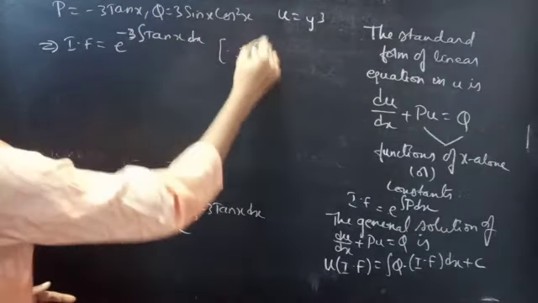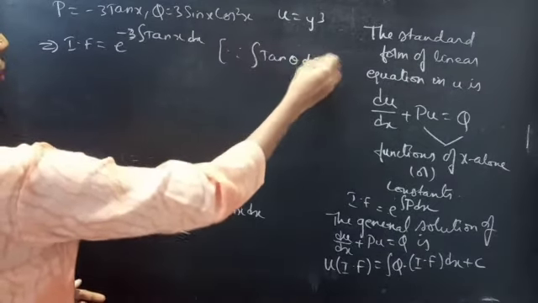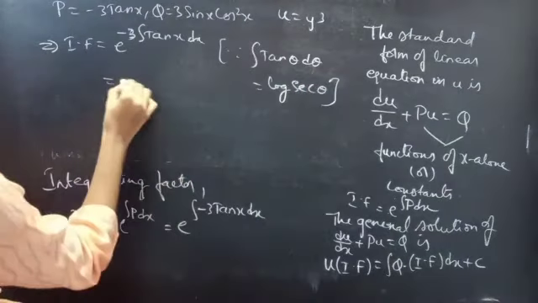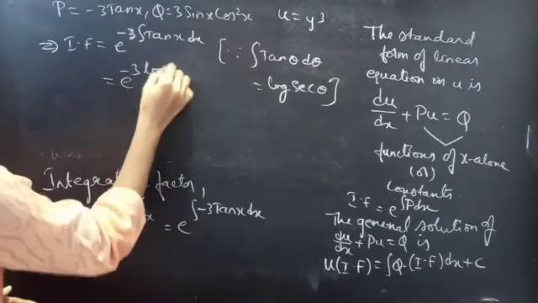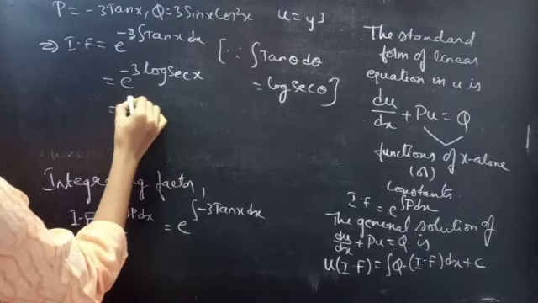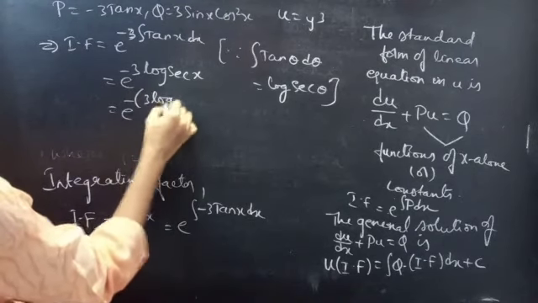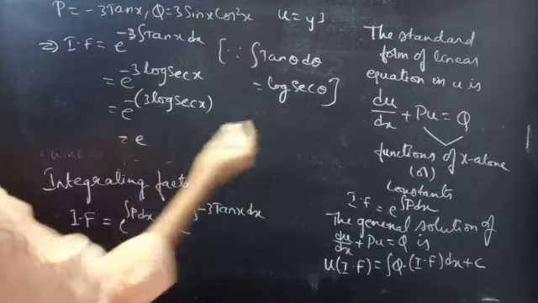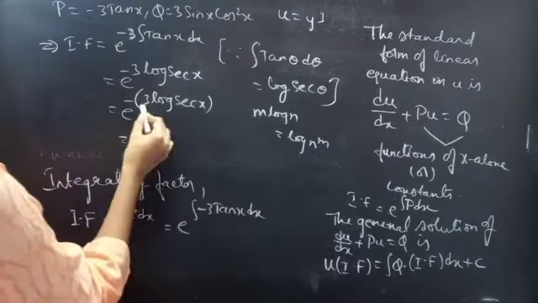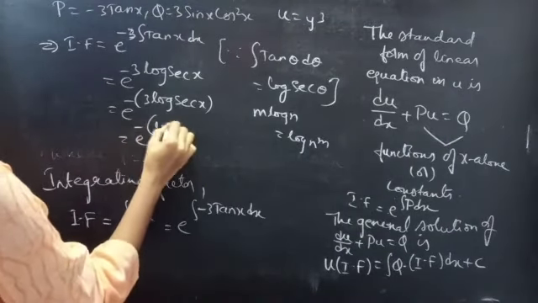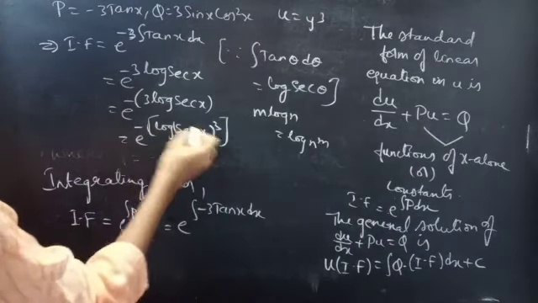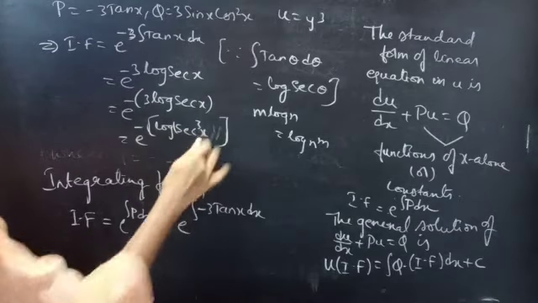Since integral tan theta d theta equals log secant theta, this becomes e power minus 3 log secant x. We know that m log n can be written as log n power m, so 3 log secant x is log of secant x whole cube, which is secant cube x.